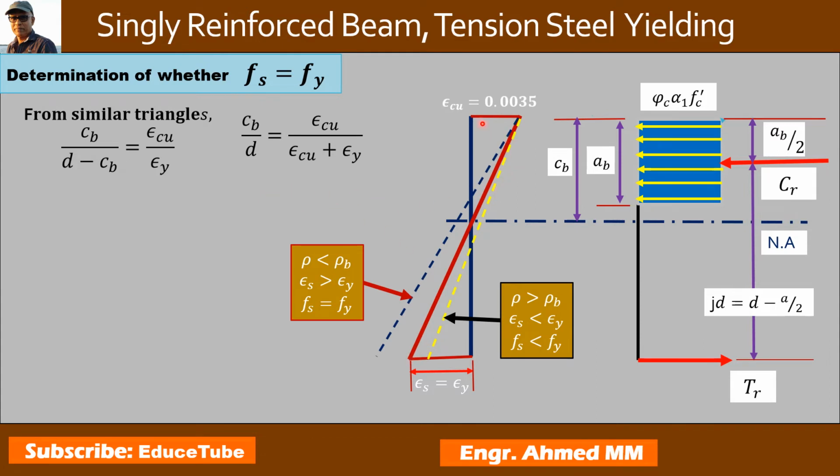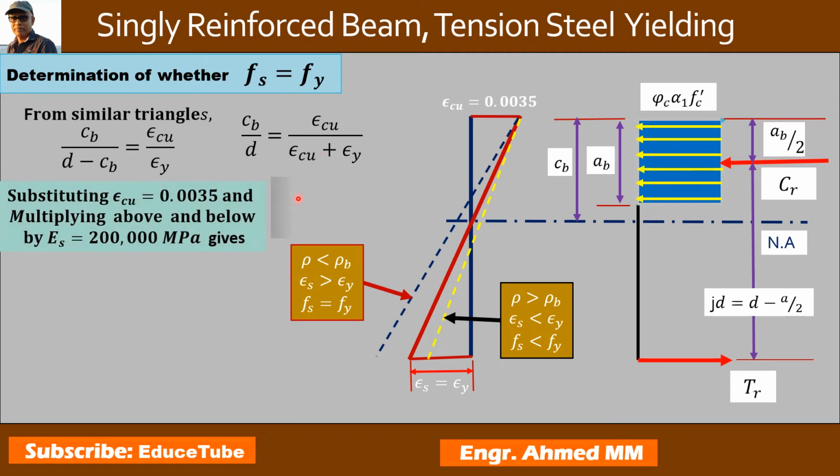if we see the similar triangles, then surely we can write like this. Similarly, we can write like this. Now Cb by d, it is the balance condition: epsilon Cu over epsilon Cu plus epsilon Y. So what we will do?